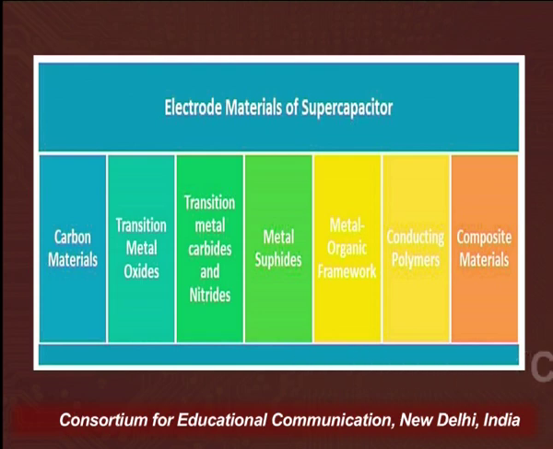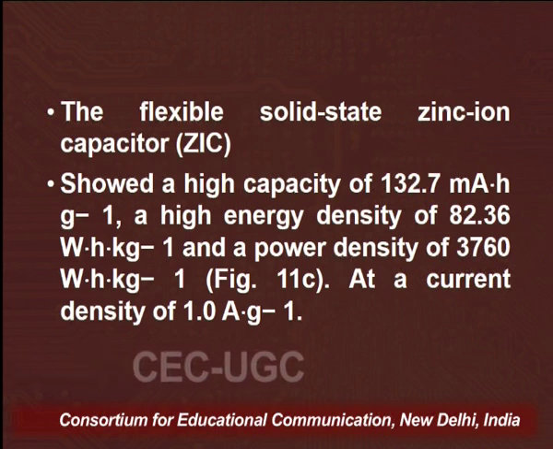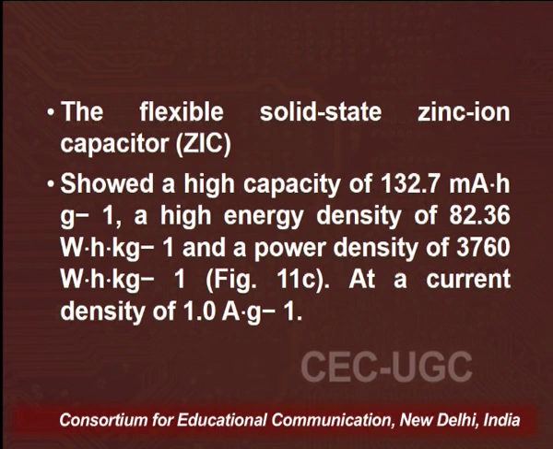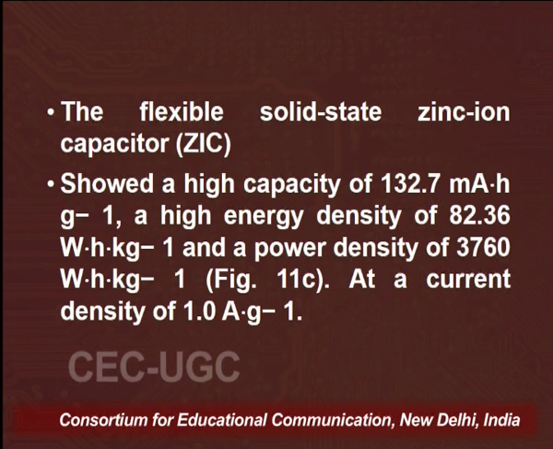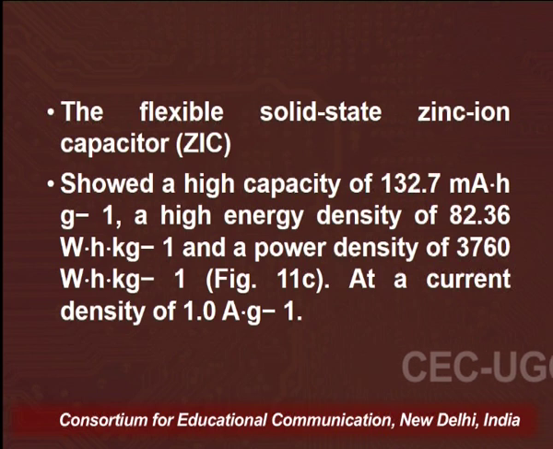If we start with the flexible solid state zinc ion capacitor, also known as a ZIC, it shows a high capacitance of 132.7, a high energy density and a high power density at a current density of 1.